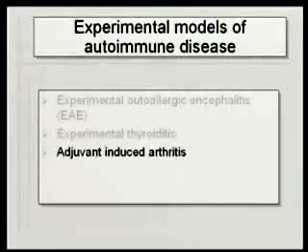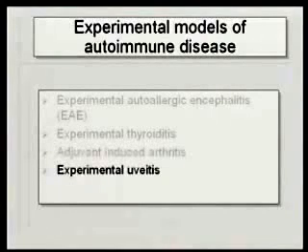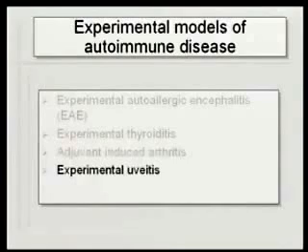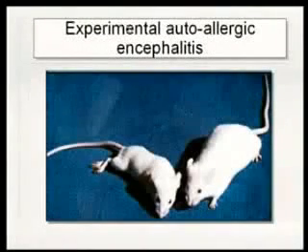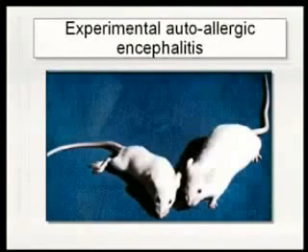Uveitis, our ex-chairman's field of research: certain antigens from the eye can be used in adjuvant to produce uveitis. There are others, and there are some natural models. Here is an example of encephalitis.